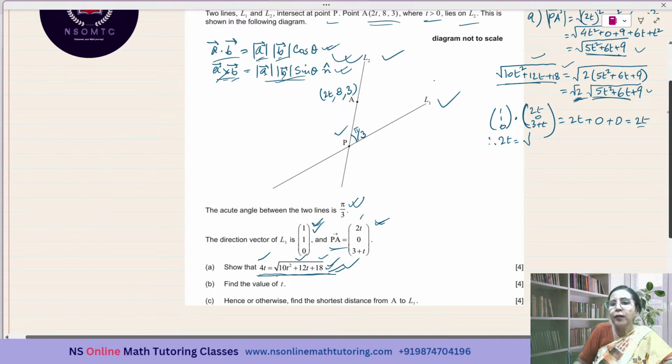So this is equivalent to writing root of (10t square plus 12t plus 18), and then cos theta, cos pi over 3. So this is 10t square plus 12t plus 18.